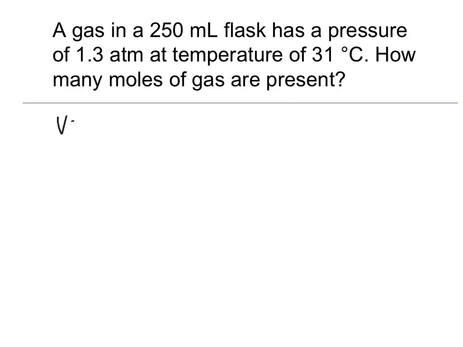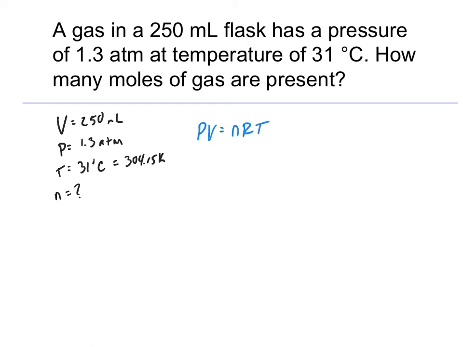Here we have an example of a gas which is in a 250 milliliter flask at a pressure of 1.3 atm and a temperature of 31 degrees C. And we want to know how many moles of that gas are present. And so we're going to use our ideal gas law, PV equals nRT. We want to solve for n, and so n is going to equal PV divided by RT.